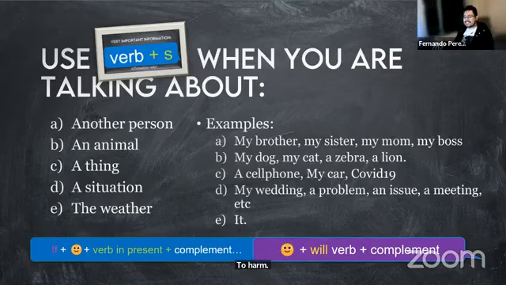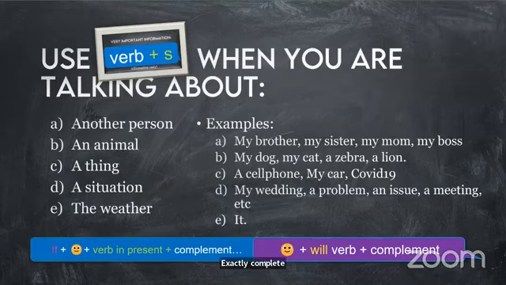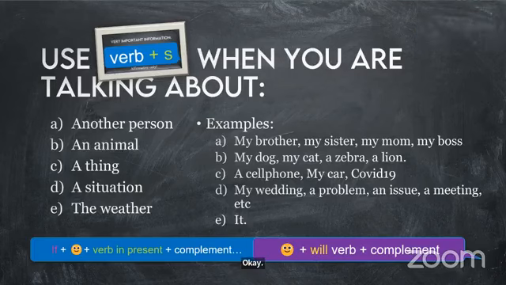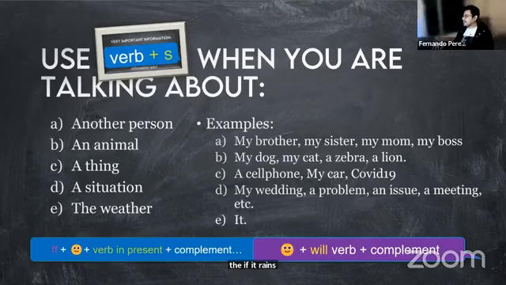Exactly. Complete. If it rains tomorrow, I run to home. The second part is incomplete. The second part is a prediction, a result. Okay. If it rains tomorrow, I can run to home. Exactly. Yes, you can run to home as quickly as possible.